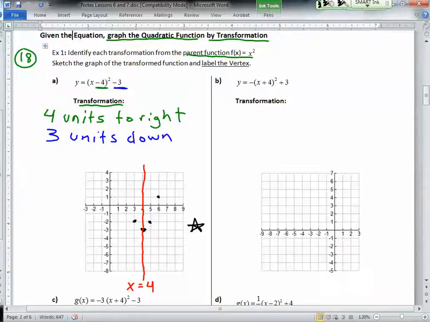Instead of going right 2 and up 4, I go left 2 and up 4. And now I just connect my points. And that is my graph of this function up here. Took the parent function and shifted it 4 units to the right and 3 units down. Cool. Any questions?